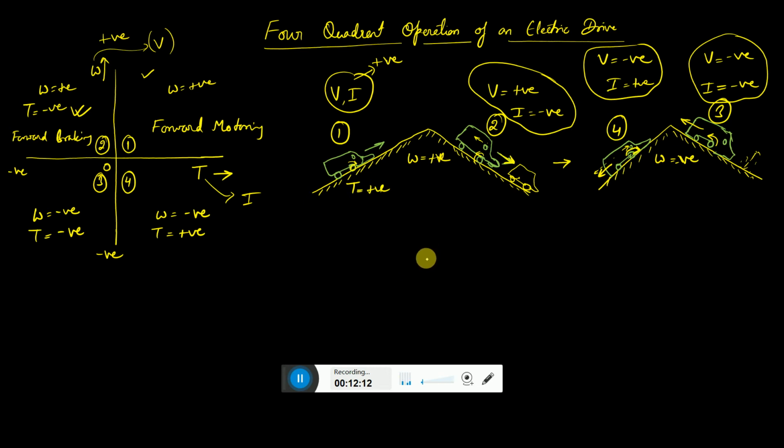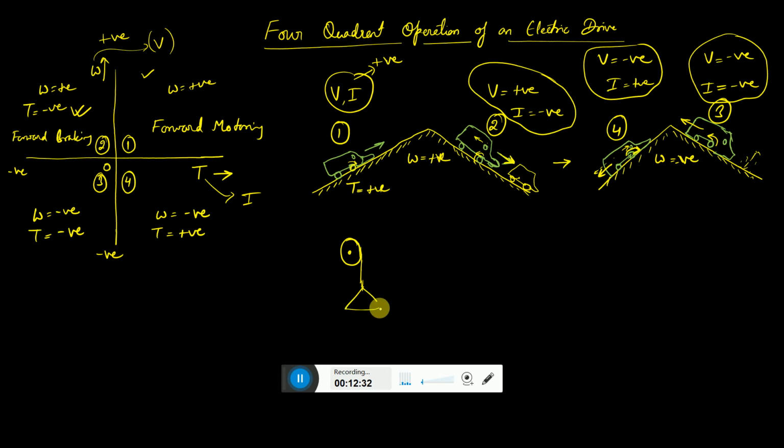In books, this same thing is also explained in the hoist load. In the hoist load, let us say this is the center of the drum, where on one end you have a load connected.